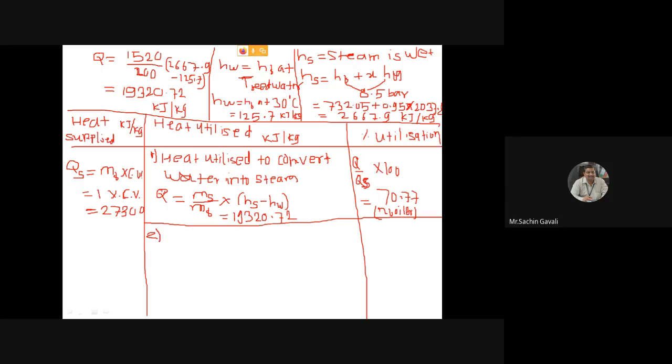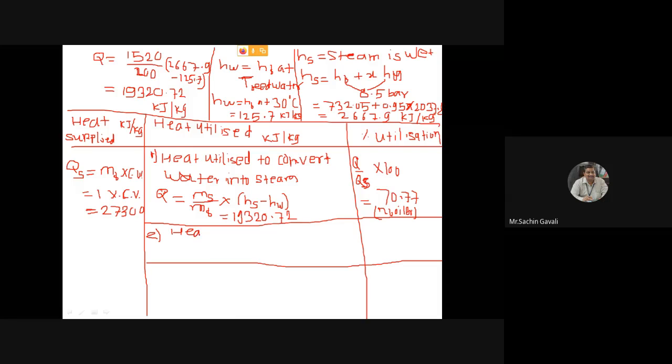Who will tell? Heat carried away by dry flue gases. Correct? So dry flue gas information they have given.